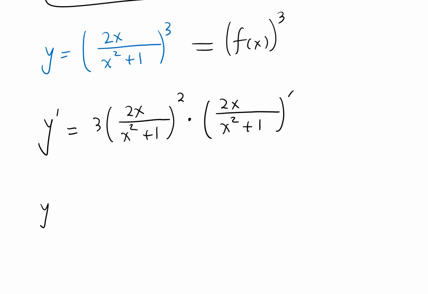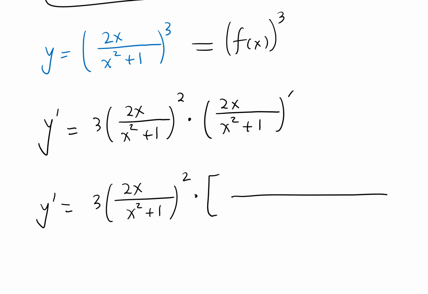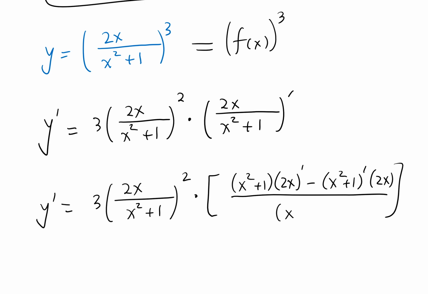And how do we finish this up? Keep this the same, (2x over x squared plus 1) to the second, times, what's the derivative of this? It's the denominator times the derivative of the numerator minus the derivative of the denominator times the numerator, over the denominator squared.